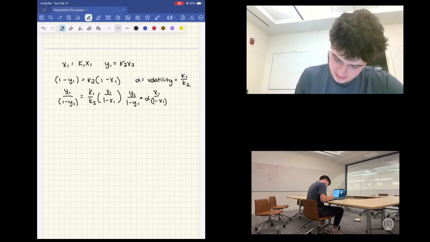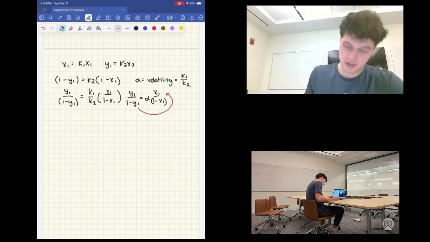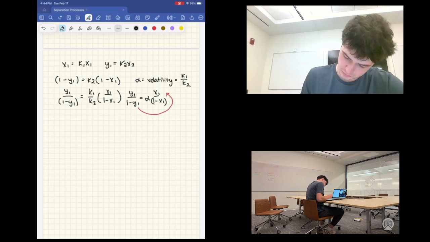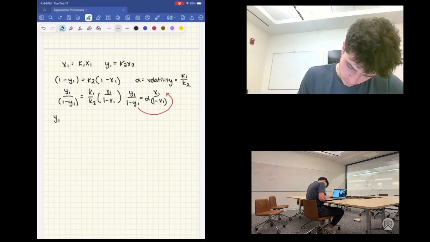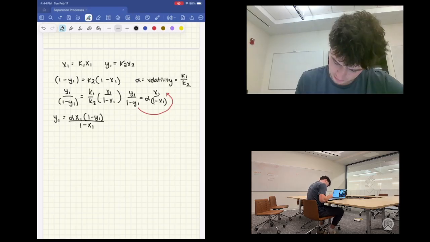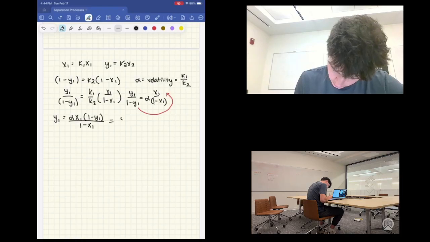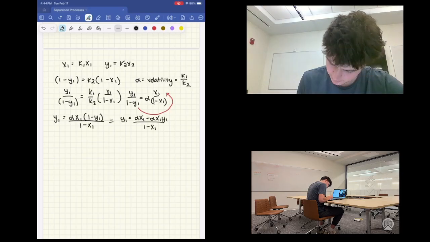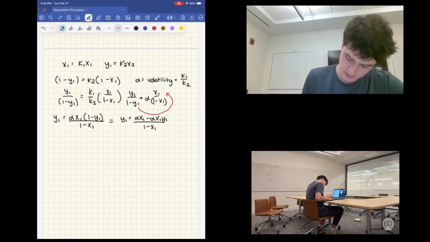From there, we're going to take this and multiply it over here, and then distribute out that alpha. So from here, we will get y1 equals alpha times x1 times 1 minus y1 over 1 minus x1. So let's distribute this out, which equals y1 equals alpha x1 minus alpha x1 y1 all over 1 minus x1. And then finally, we're going to multiply this over to the other side.